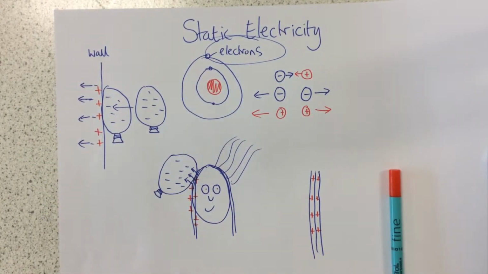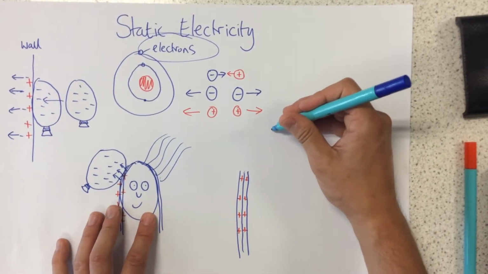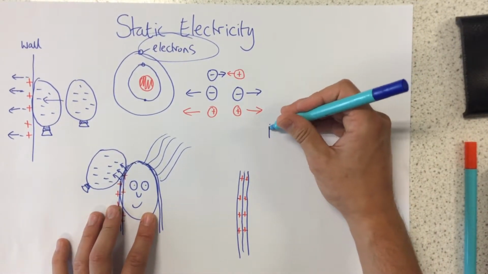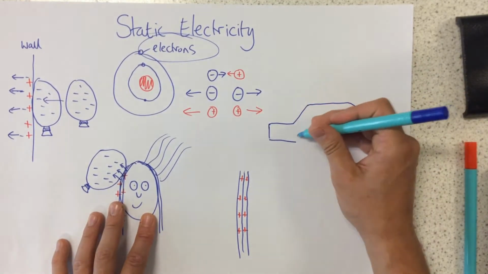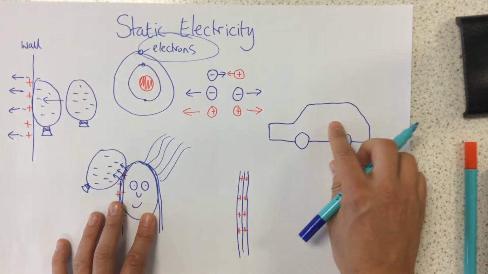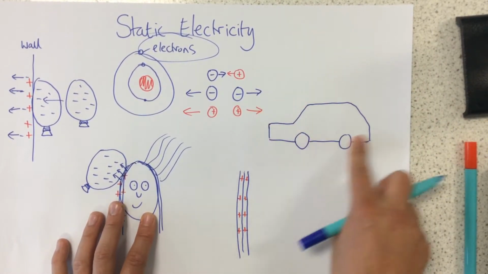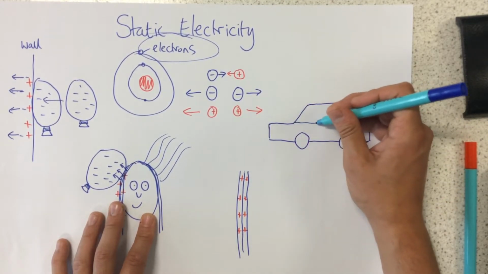Okay, the next thing we need to know about is earthing. So sometimes, and apologies for my picture of a car, this is not going to be the greatest car ever, your car can get statically charged. It could be the rubbing of your clothes against the seats, that kind of thing.